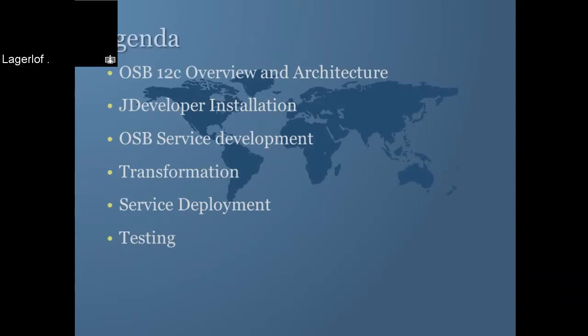And I think most of this presentation will cover the basics of developing a service in an OSB environment using JDeveloper. I'll also be covering some points on the transformations and the deployment.